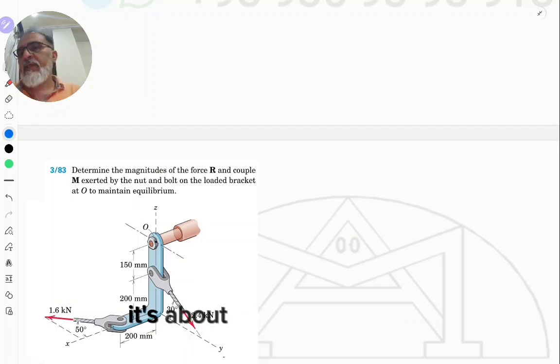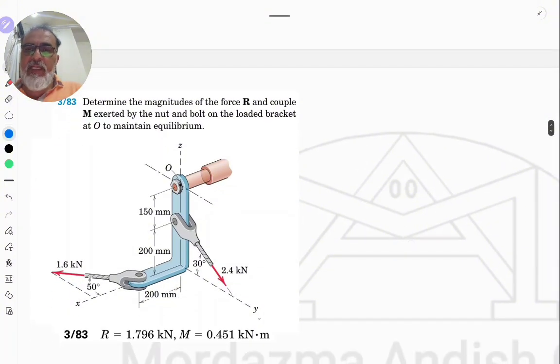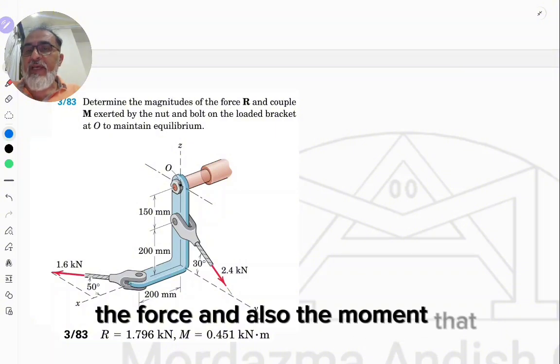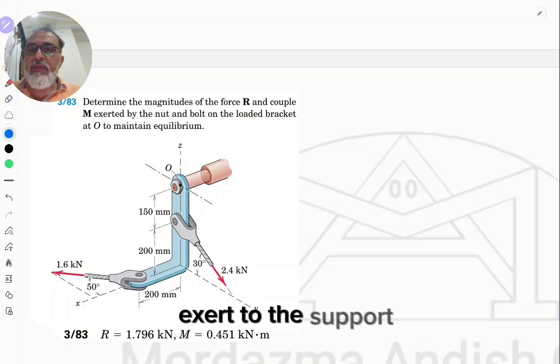The problem that I'm going to solve is 83 of chapter 3. It's about equilibrium, and we want to find the force and also the moment that are exerted on the support.